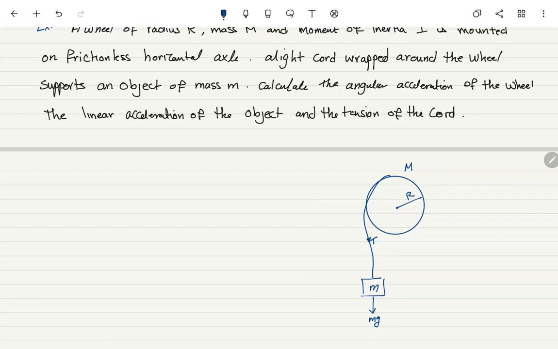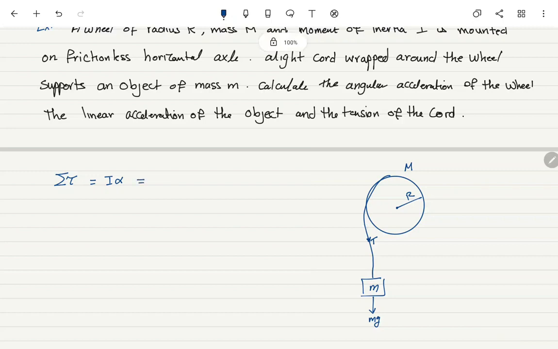Now to calculate the angular acceleration of the wheel, let's calculate the net torque equal to I alpha. And we also know that the net torque is equal to r cross F. R in this case is the radius of the wheel, and F in this case is the tension.